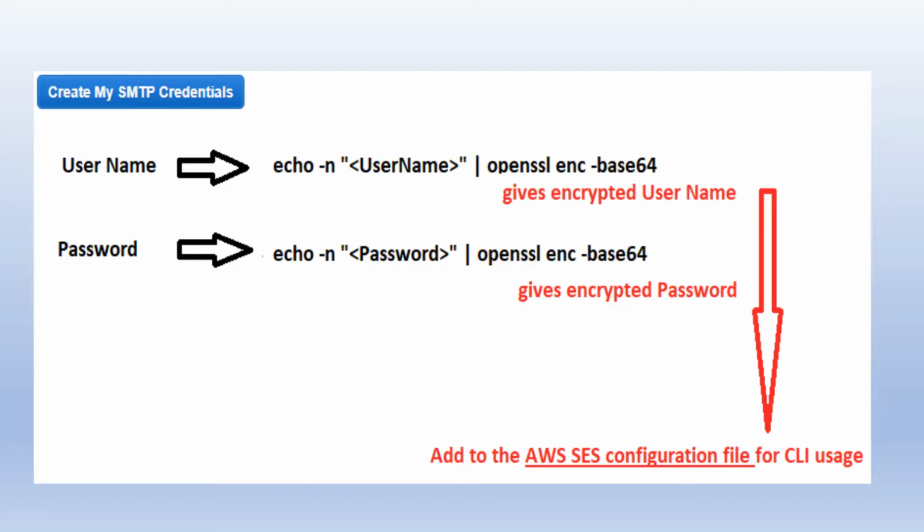Once you have your SMTP credentials, you need to go onto the Linux command line interface, the CLI, and follow the commands shown above. Basically what you're doing is you're using openssl base64 to give an encoded username and the same for a password. You're going to take those two values and add them to the AWS SES configuration file.